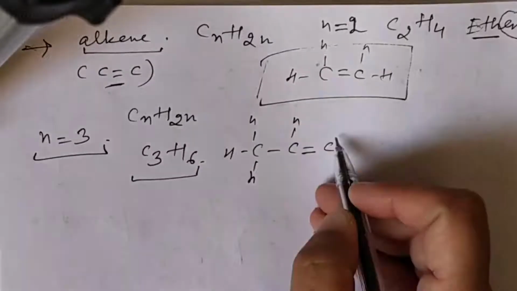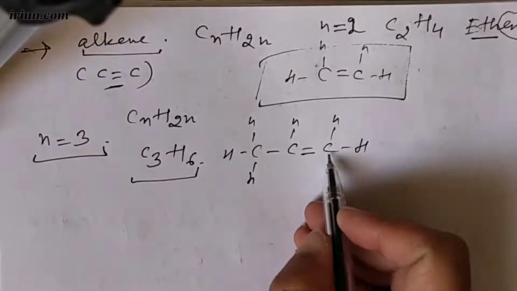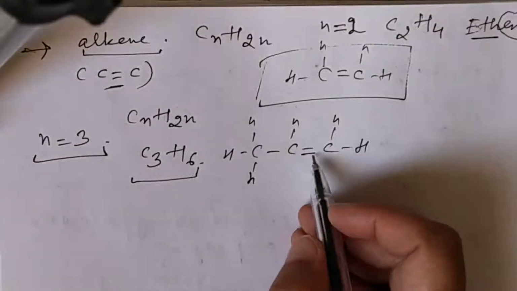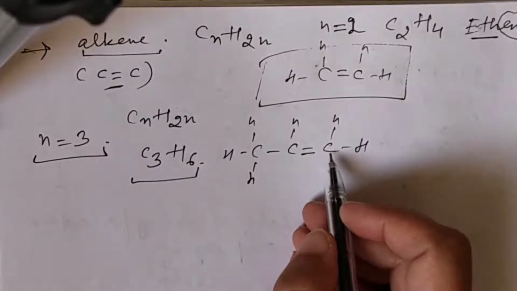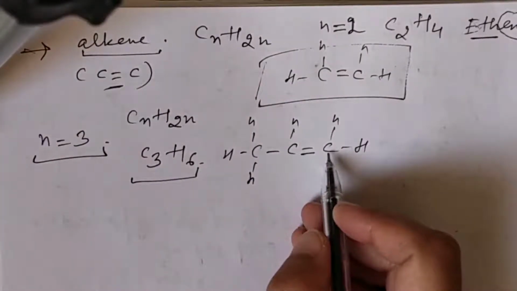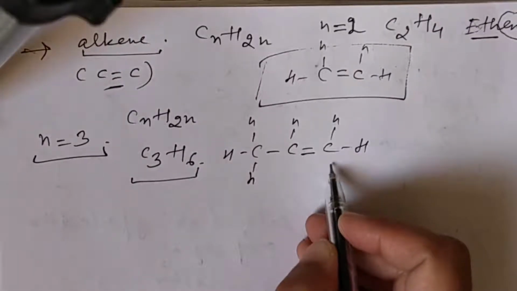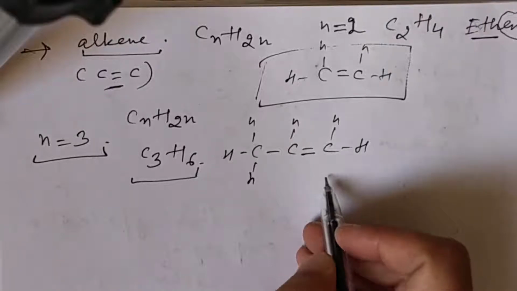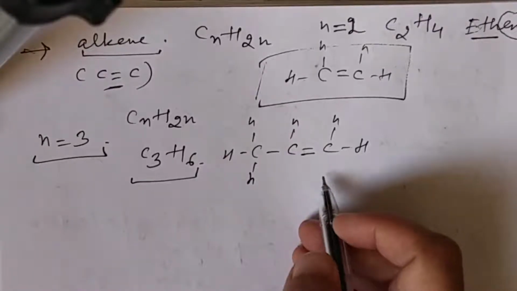So what you have to keep in mind is this carbon must have a valency of 4, not more than 4, not less than 4. If carbon is having valency 4, you don't have to put the next hydrogen atom here. Most of the students try to make this mistake.